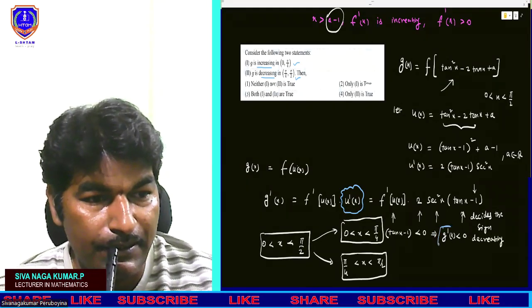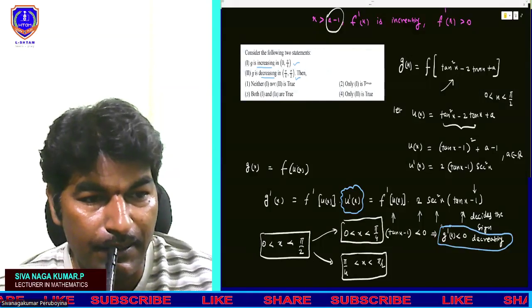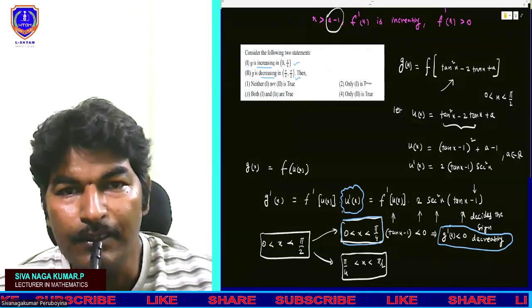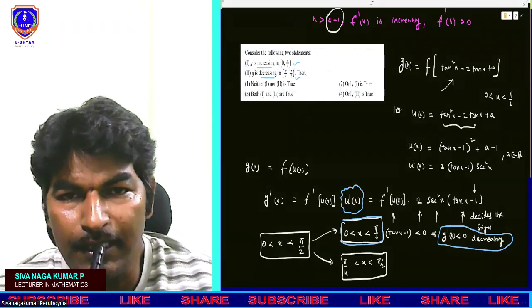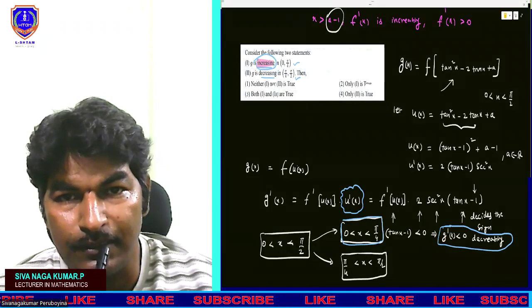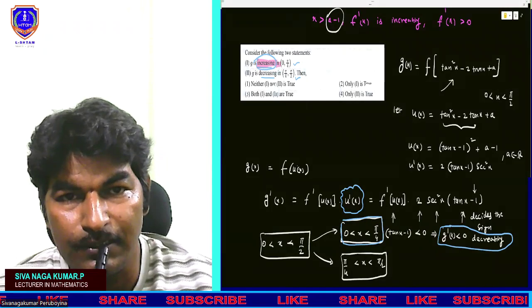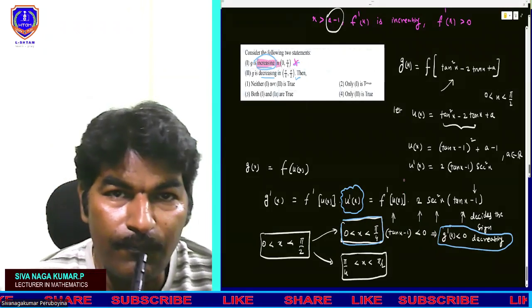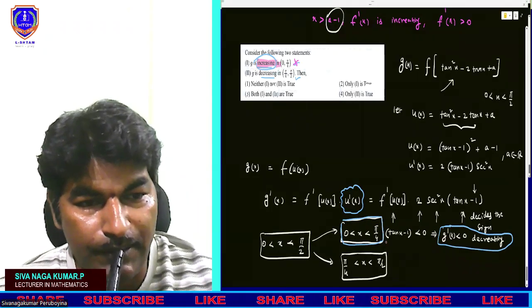This case is decreasing in this interval. So what were they saying? They're saying increasing. Look at this. They're saying increasing, which is false. So it is not correct. Let us move on to the next part.